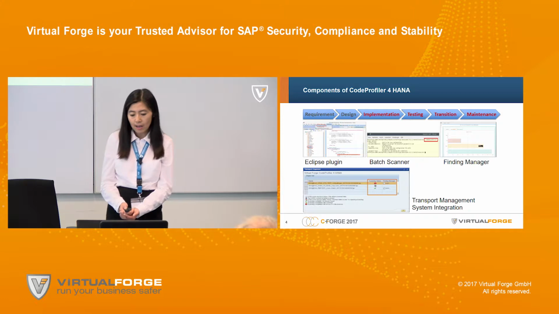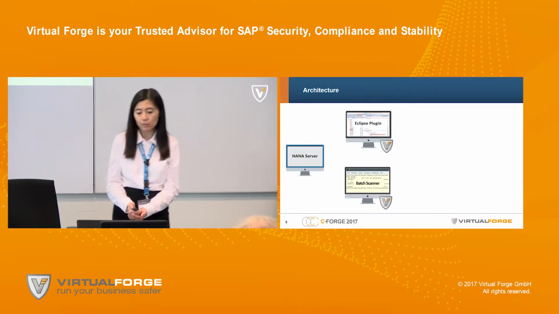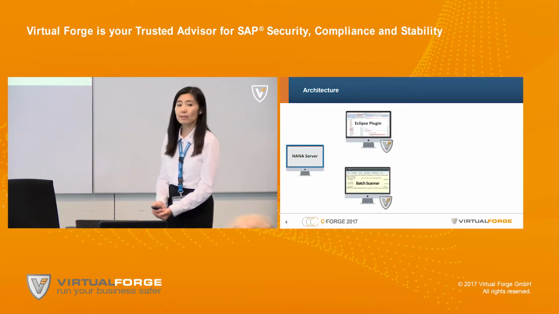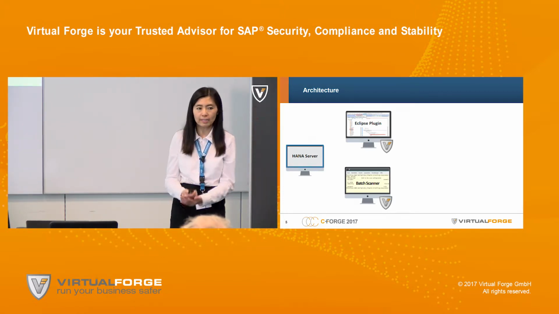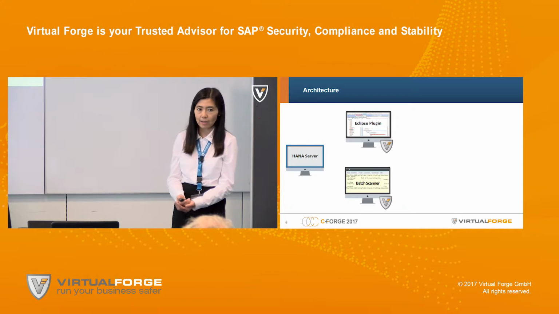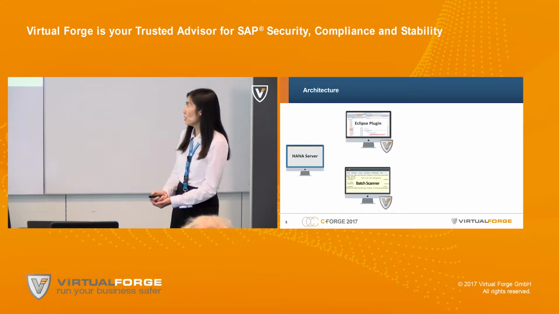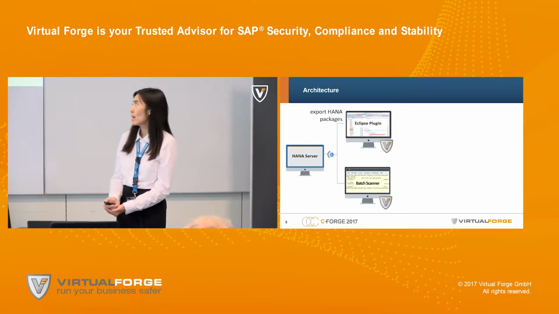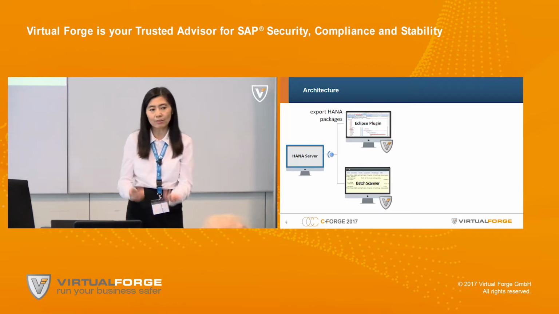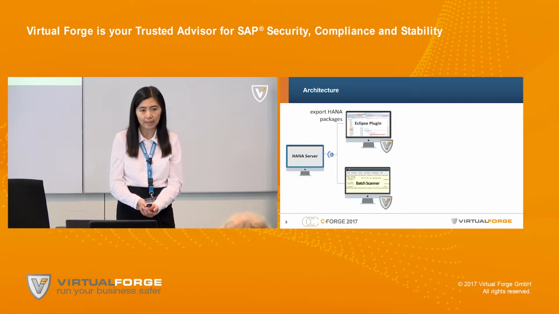So how do these components interact with each other? We have here Eclipse Plugin and we have here Batch Scanner. We all need source codes to scan. We export the source code from your HANA system. HANA provides an export API, allowing us to export the HANA packages.